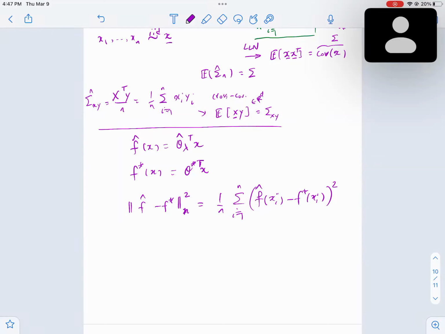This turns out to have a nice form, especially the expectation of this, conditional on the training x's. This has a closed form solution that we can study and gain insight about what the regularization is. So that's going to be next time.